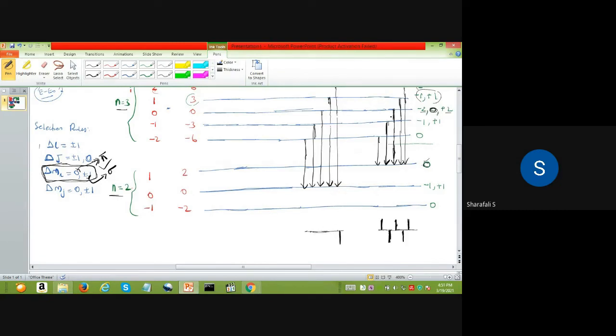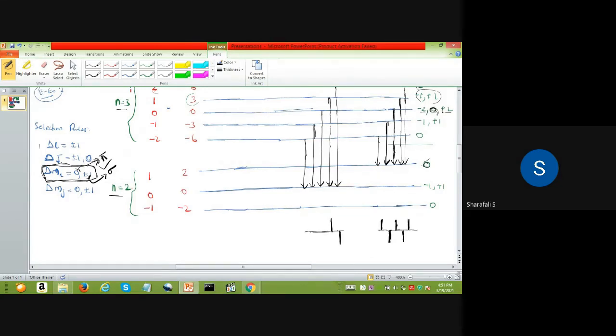The next one is from minus 1, plus 1 to minus 1, plus 1. So either it can give me minus 2 or plus 2, or it can give me 0, right? Minus 2 and plus 2 are not possible, so only delta ml equal to 0 is possible. That is the pi component.